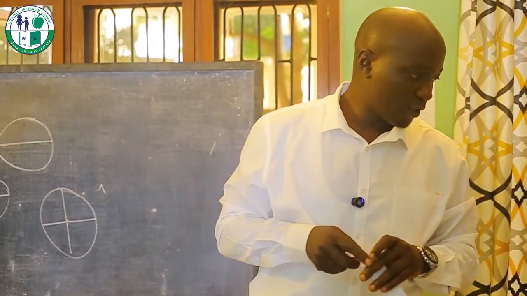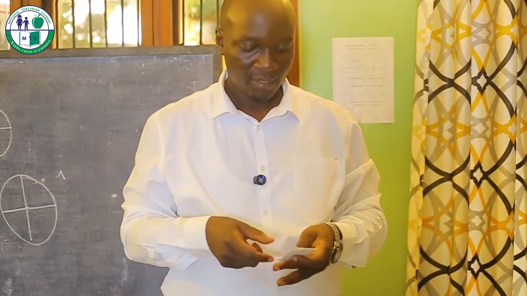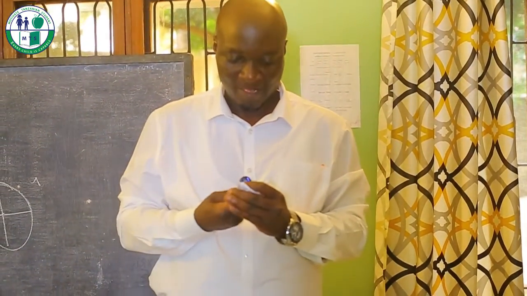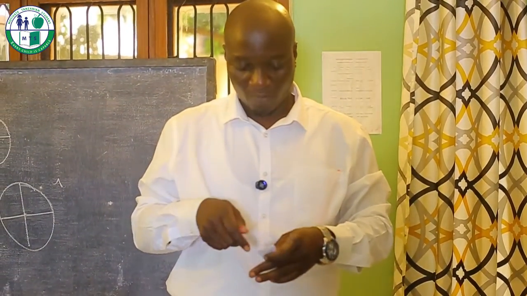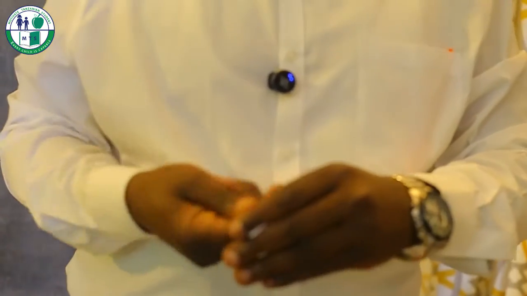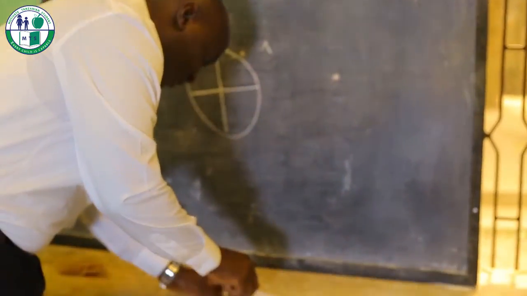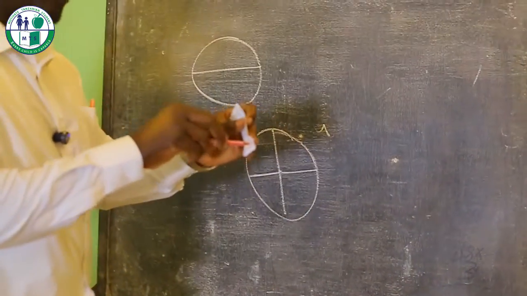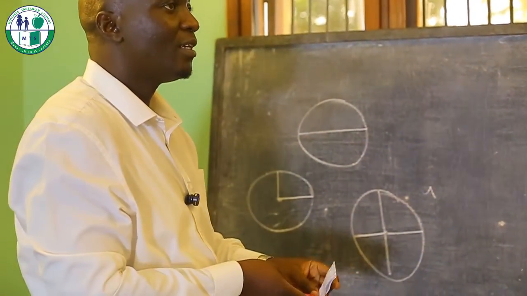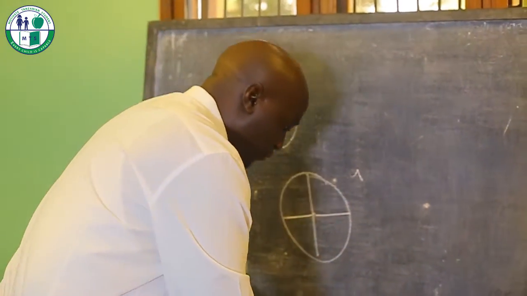A circle is equidistant from the center. Understand? So here, I do like this. Okay, I think here is enough.